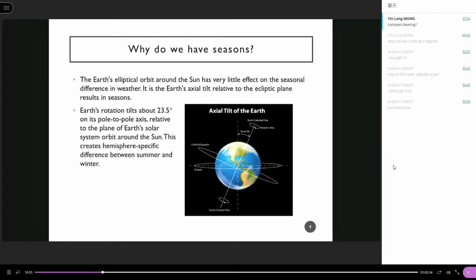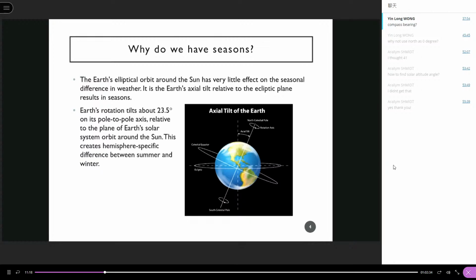So first of all, let's discuss why do we have seasons. It is now March, so it's now spring. And for Hong Kong in July, in August, it will be summer. And then in December, it is winter. So we have different seasons.